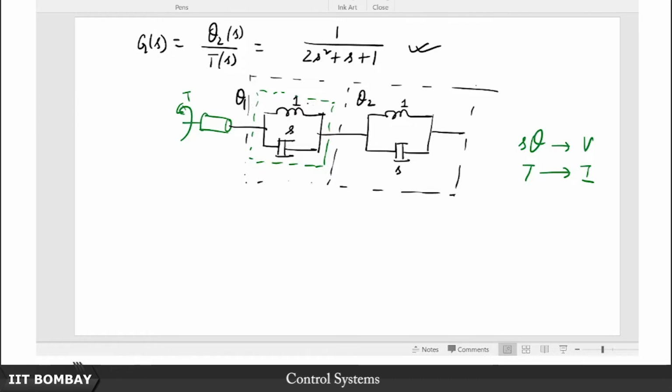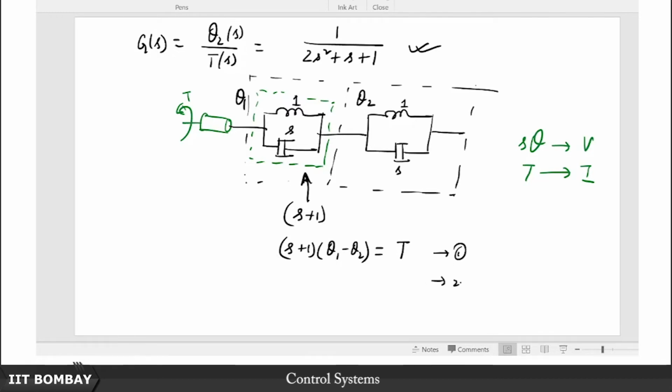So theta 1 minus theta 2 is the net torsion across, or net rotation across this block. So what are we going to write this down as? Can we not reduce this equivalent as S plus 1? In other words, we have S plus 1 times theta 1 minus theta 2. That is going to equal the torque, because remember the torque is like the through variable, the current. That's our first equation.